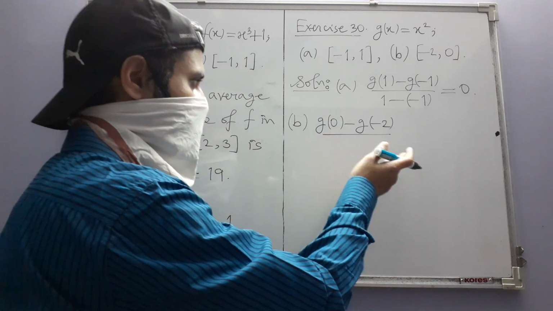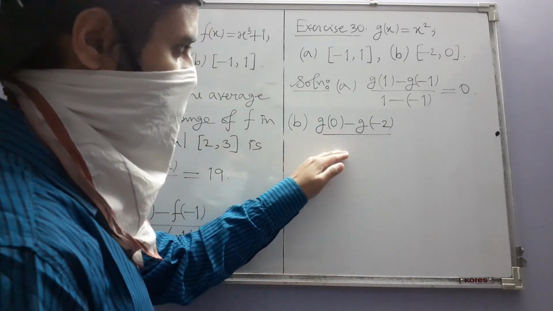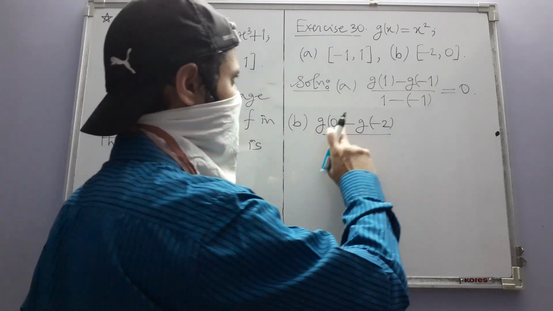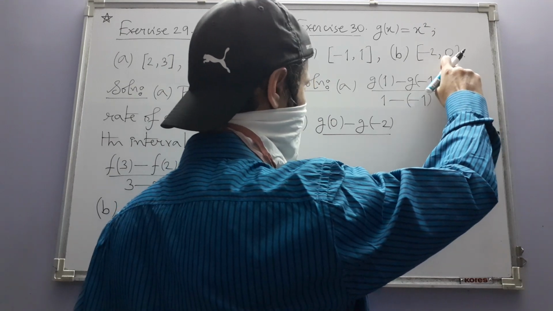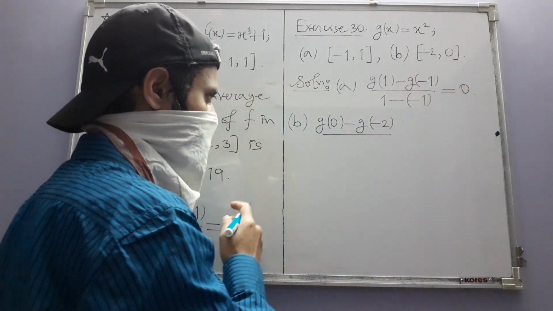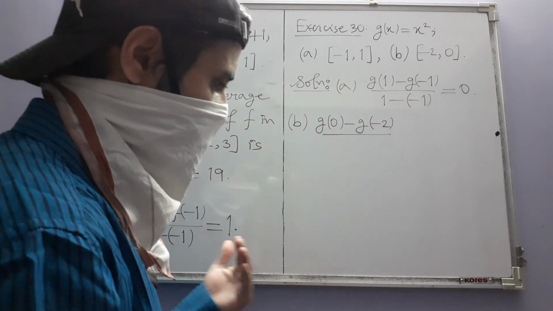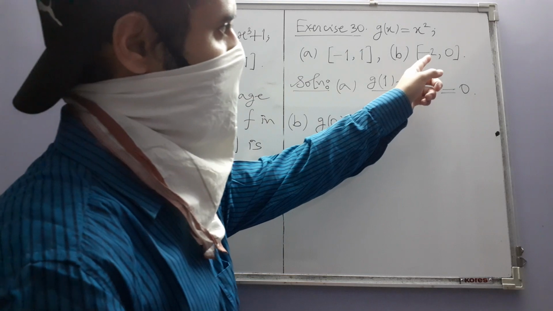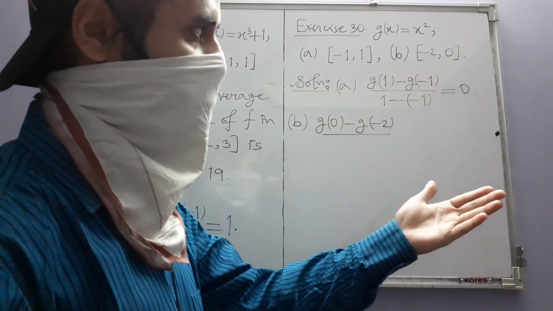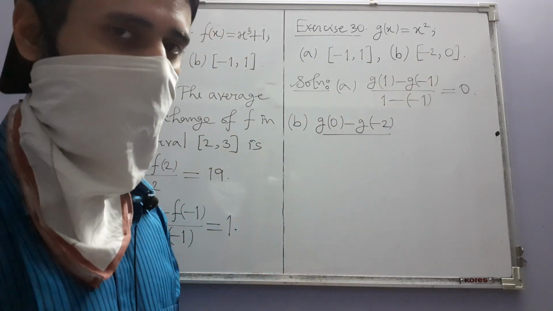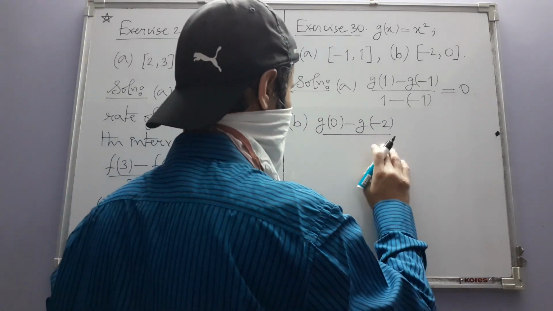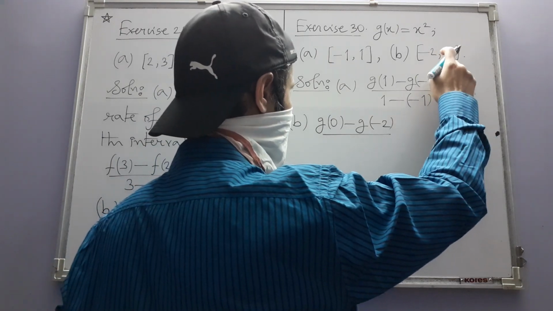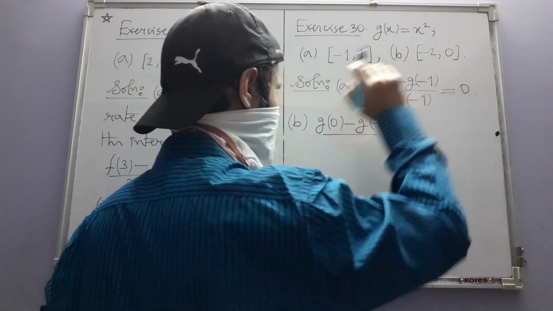Even if you take the opposite order, you have to maintain that order in the denominator also, but that is a little unnatural. We always take the final point minus the initial point, following the direction in which the x values are increasing. As x increases from minus 2 to 0, what happens to the g values? The length of the interval, which comes in the denominator, is also calculated in that way: final endpoint minus initial endpoint.